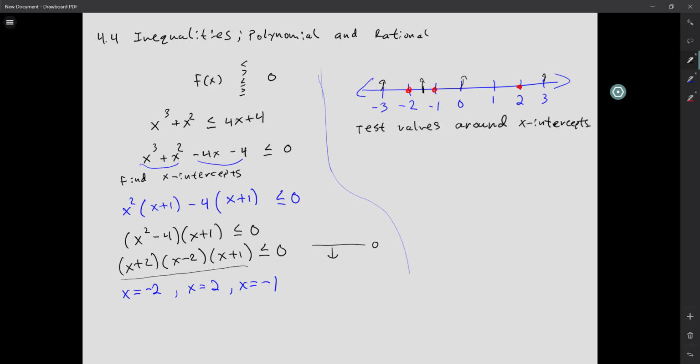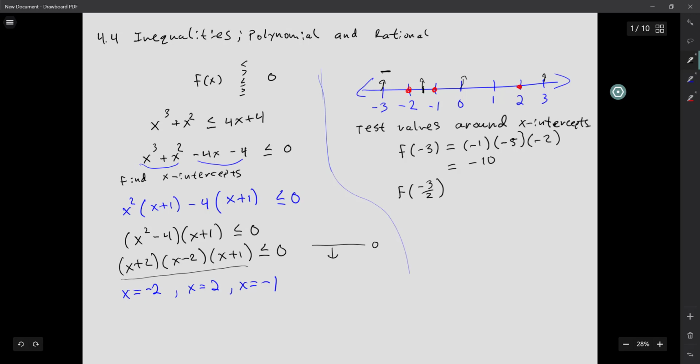So let's start with -3, f of -3. That'll be -3 plus 2 is -1 times -5 times -2 works out to a -10. So what I want to see is that I got a negative number there. Now I'm going to try f of -3/2.